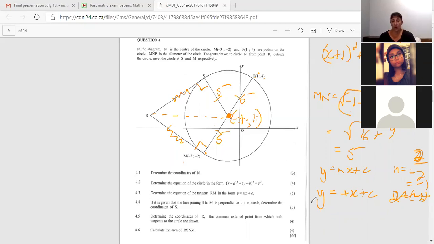Your y is minus 3, x is minus 2, and then c is minus 1. So y equals x minus 1. Just check if you agree with me.